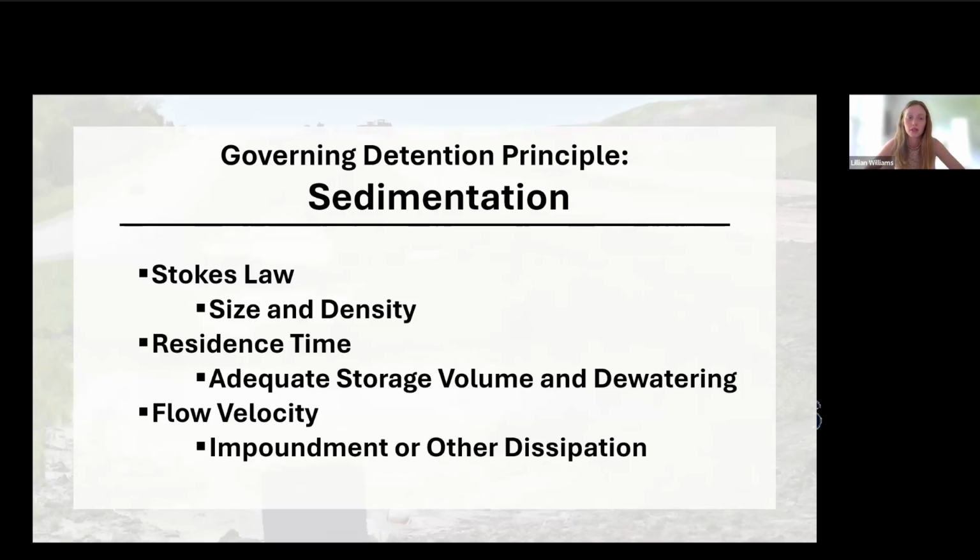So you need to be able to restore that volume for future storms, and then flow velocity. So you need to impound or otherwise dissipate the flow energy coming in. And sedimentation, based off of all of these sub-principles, functions by allowing soil particles and integrated pollutants to gravitationally settle out of the water column.